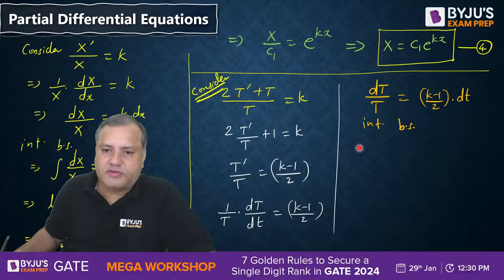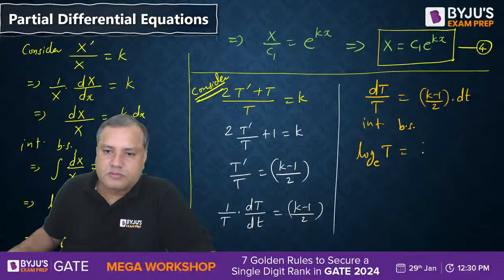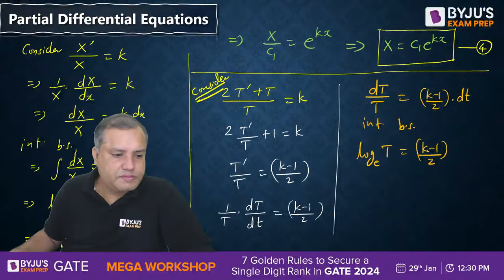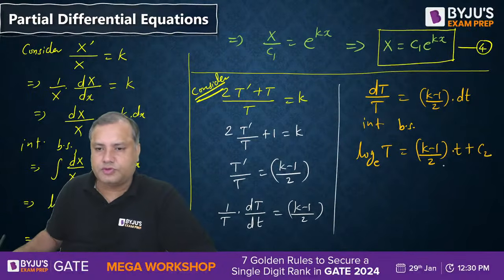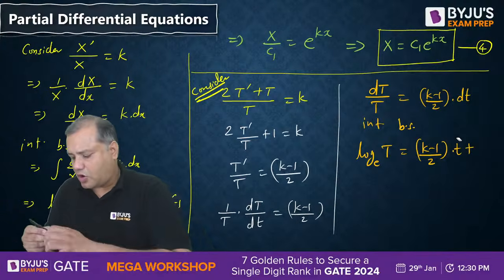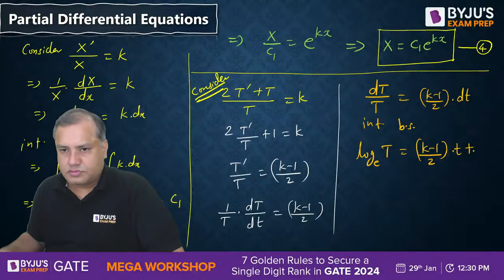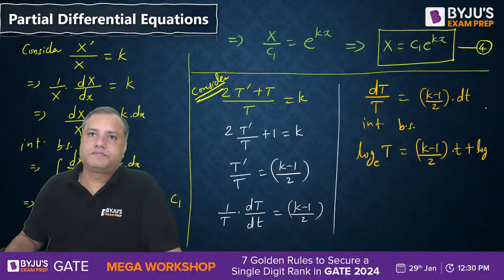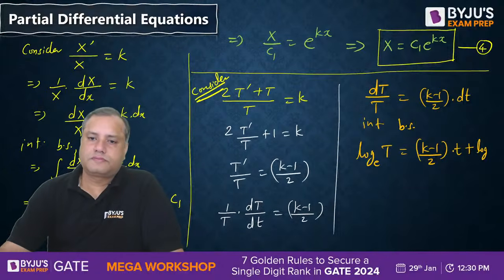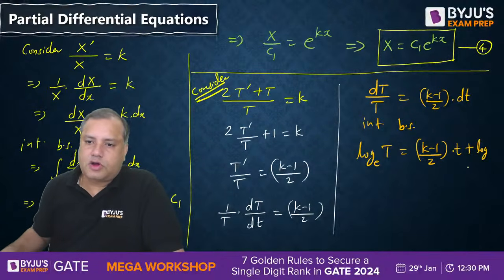So integration of dT by T is log T, k minus 1 by 2, integration of 1 will be t plus some constant c2. In fact, we will be adding log c2.